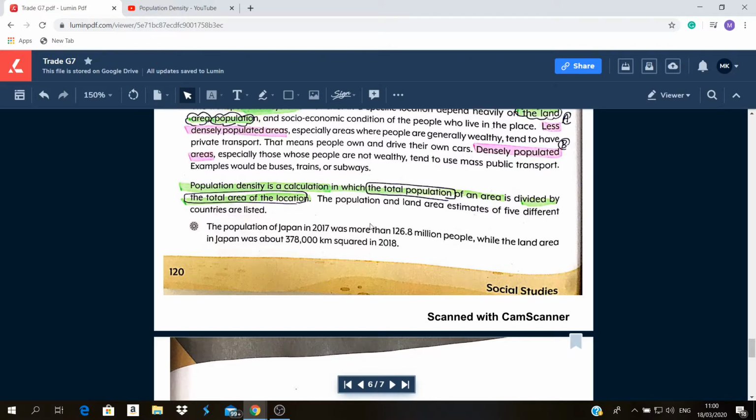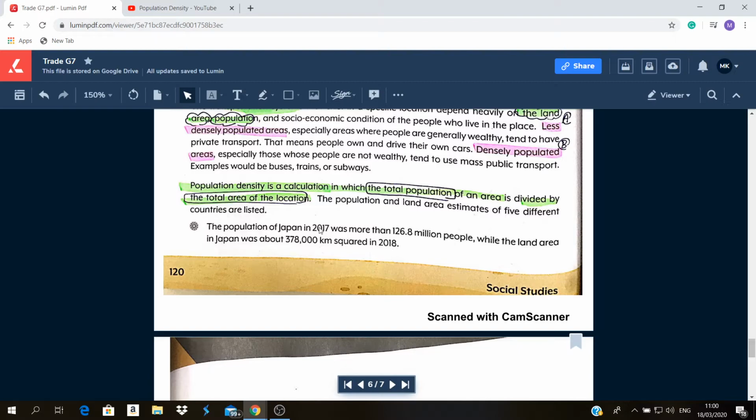Population in Japan was more than 126.8 million people, while the land area in Japan was about 378 kilometers squared in 2018. How are we going to calculate the population density?